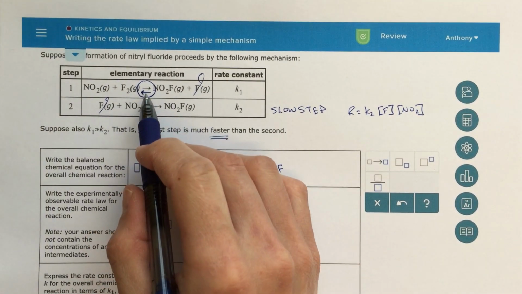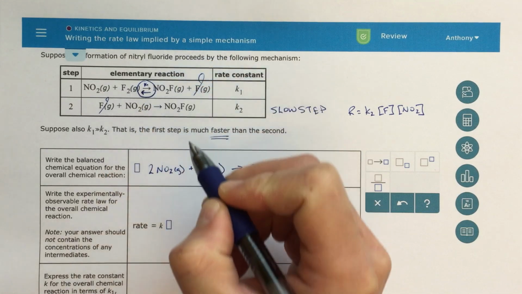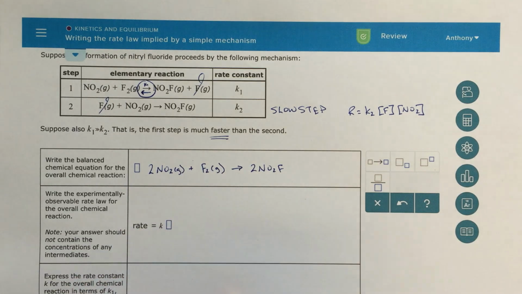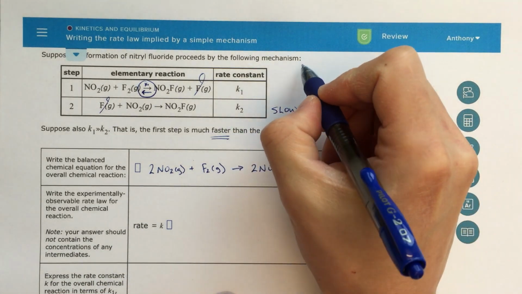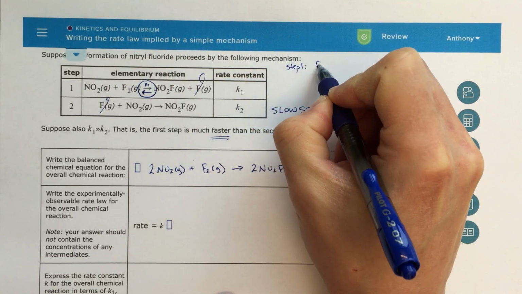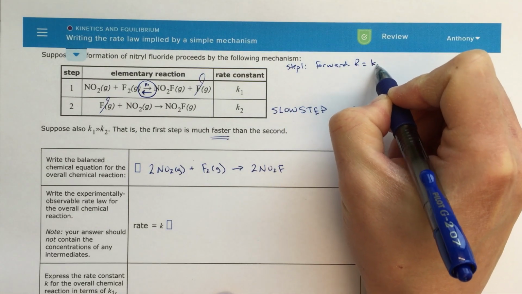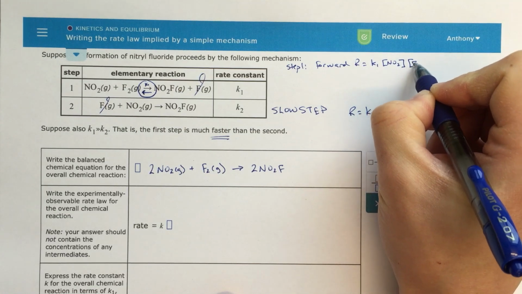So if that is true, then the forward reaction we're going to call K1, and the reverse reaction we're going to call K to the minus 1. So it sort of refers to that later on as well. So what we can do is we can say for step 1, the forward reaction is going to be R equals K1 times NO2 times F2, right?